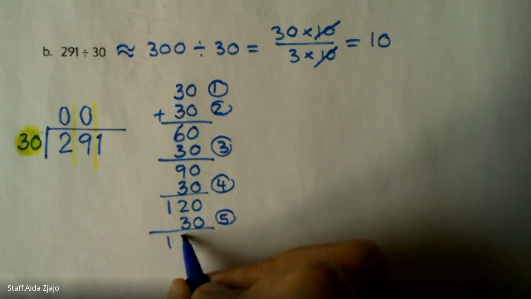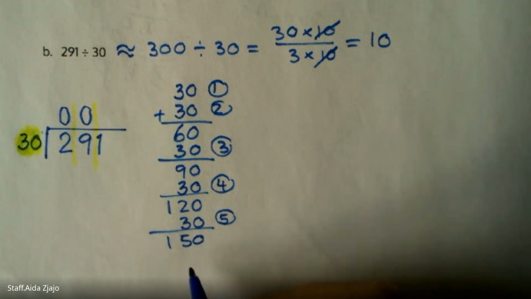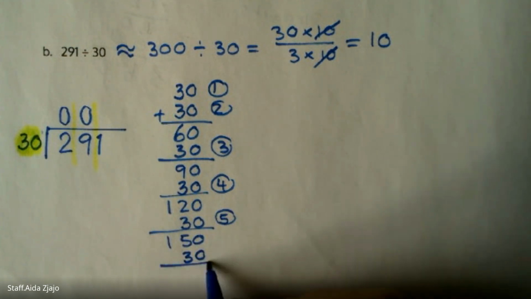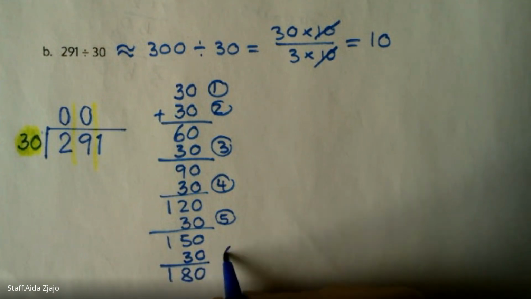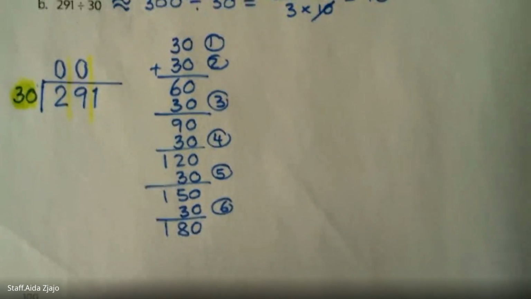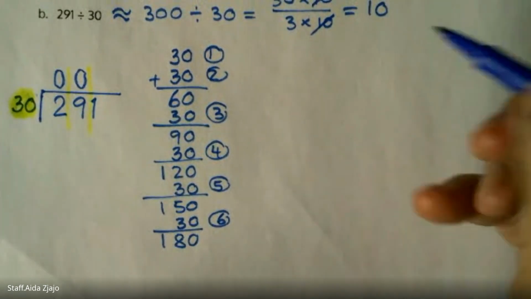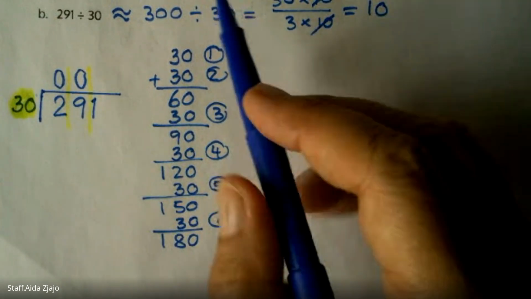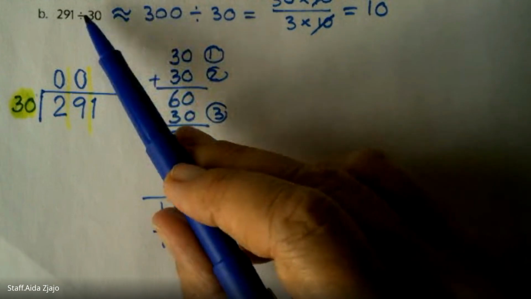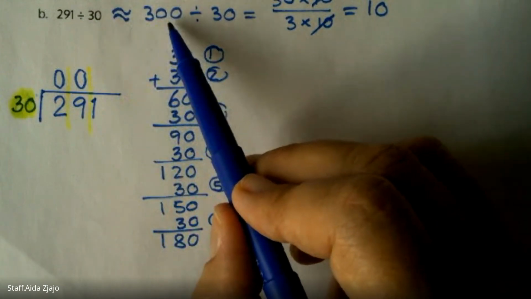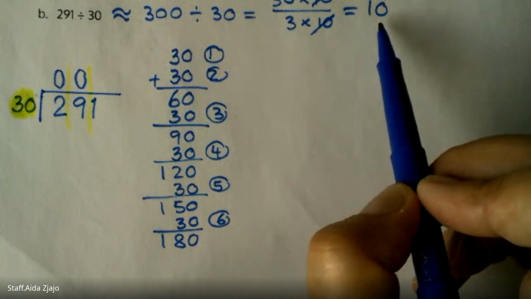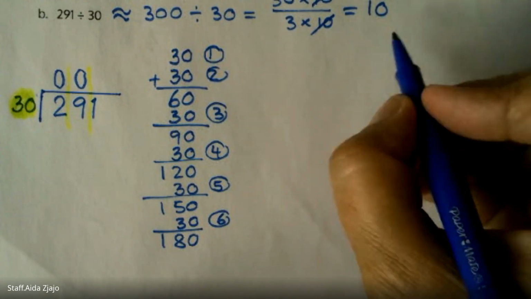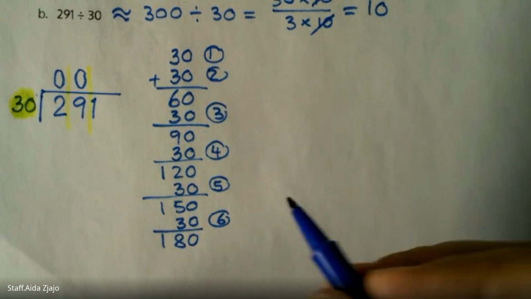That is 150. And again, 30, that's 180, and that is 6 groups. As you can see, it has to be close to 10, but not 10 because 291 is not high enough. So the answer is in between 9 and 10.